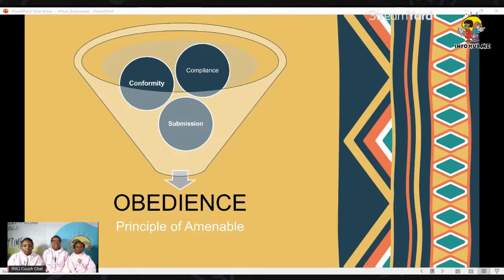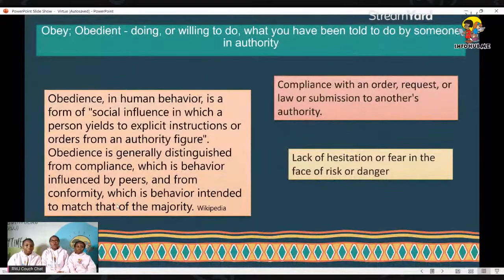Now let's look at the definition of obedience. Now that we have seen the three factors related to obedience, the principle we are taking away is the principle of amenable. Obey and obedient are the root words of obedience. It's doing or being willing to do what you have been asked to do by someone in authority.